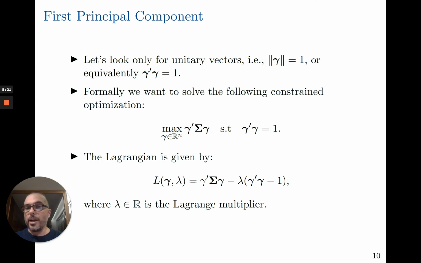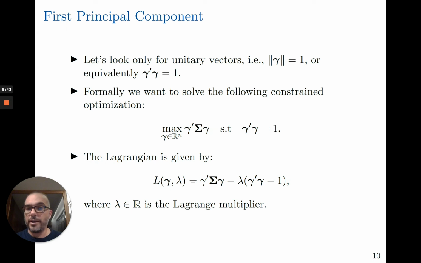The Lagrangian is given by gamma prime sigma gamma minus the Lagrange multiplier lambda times the restriction, gamma prime gamma minus 1. So we want to solve this optimization problem.